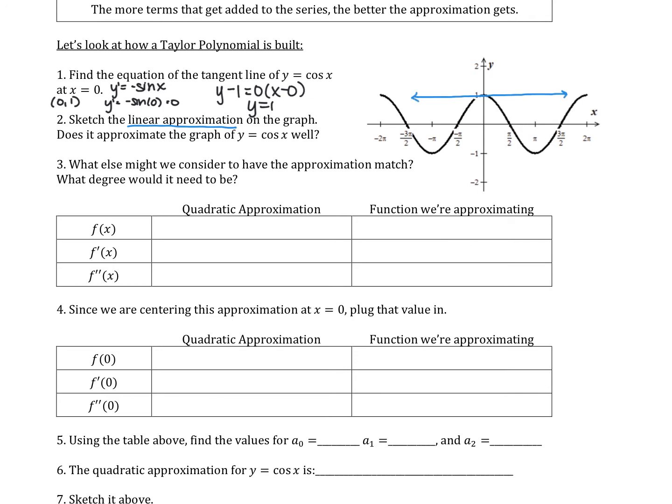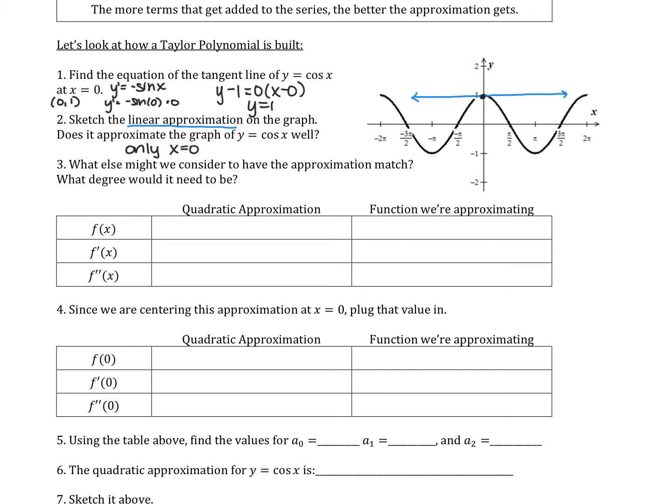Now, can we say this line approximates the graph well? Not really. I mean, at a point, yes, we can. We can say it approximates it really well, but only when x is 0. So at x equals 0, this is a perfect approximation of y equals cosine of x.